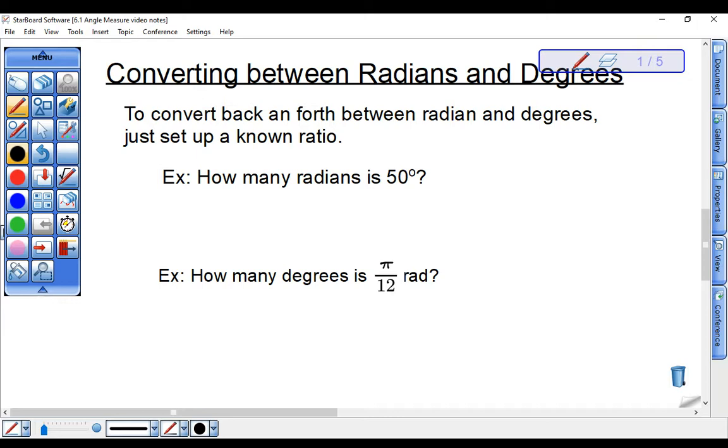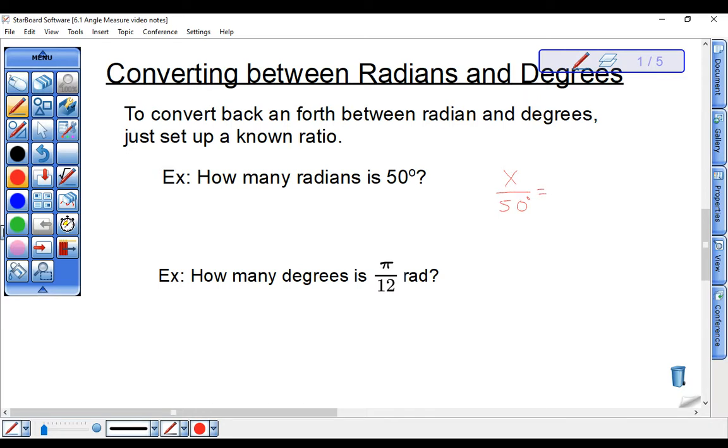So for instance, if the question is how many radians is 50 degrees? Well, we know that we have some ratio.